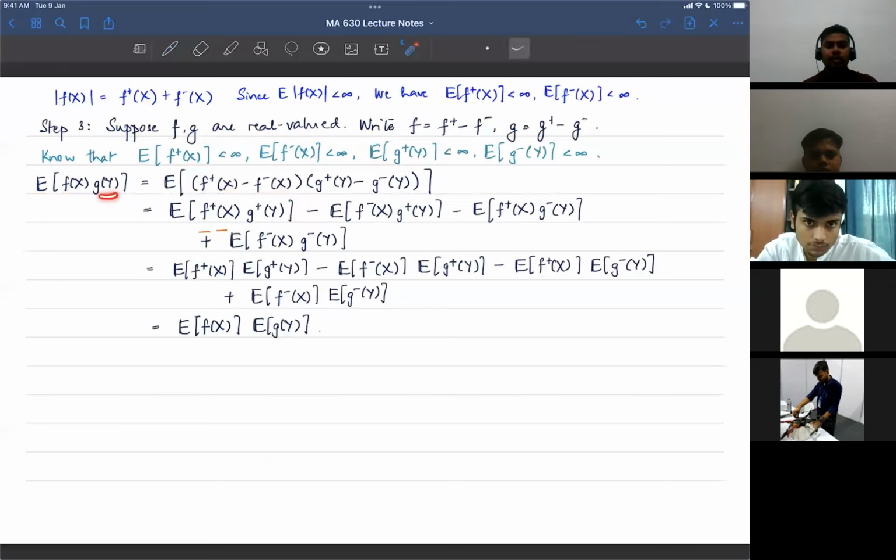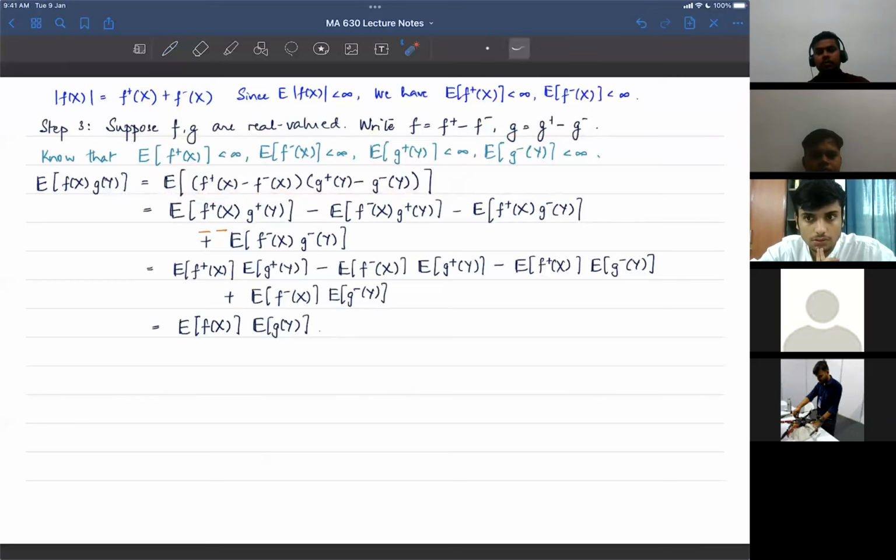Second random variable g of y, I'll decompose into positive and negative parts, g plus of y minus g minus of y. So do you agree that you get the expectation of f plus x minus f minus x multiplied by g plus y minus g minus y? Any questions up to this line?